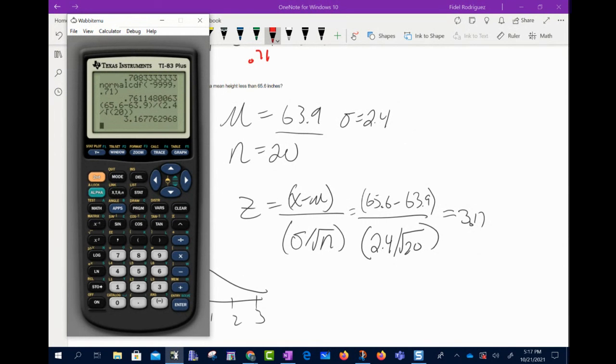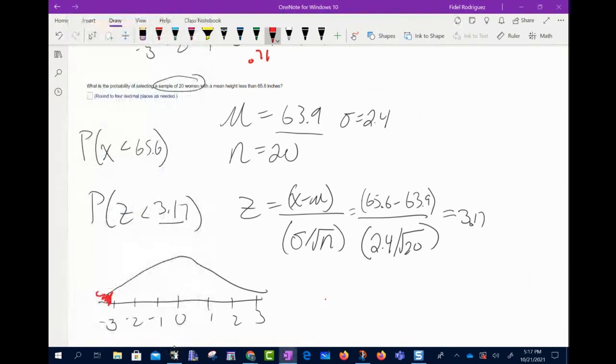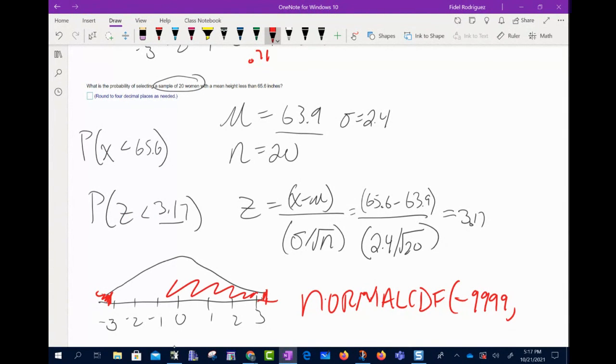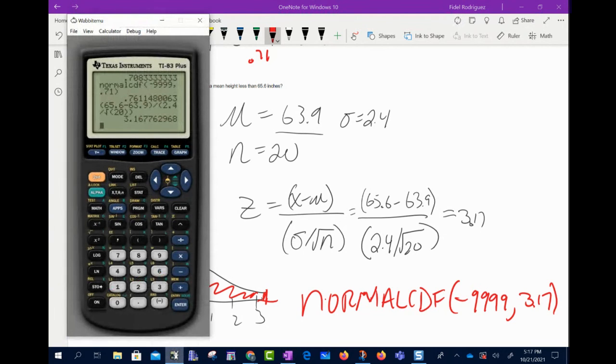Okay, so we got 3.17. On my calculator, I'm going to go normal CDF, and negative 9999, and oops, 3.17 was over here. Sorry about that. That's why I was getting a little confused. It's a positive 3.17. There we go. That looks better.